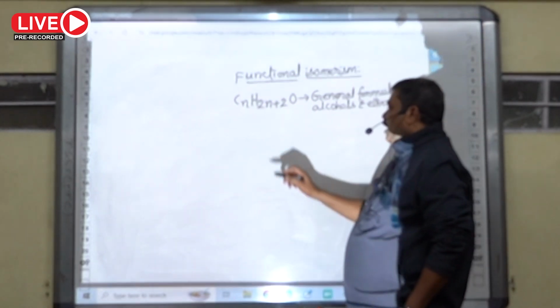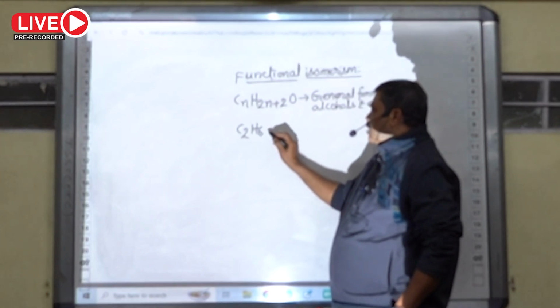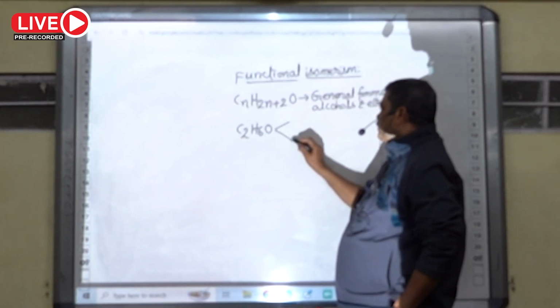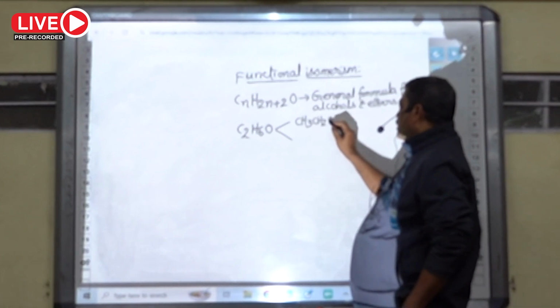That's why alcohols and ethers are functional isomers. Yesterday we have already given this example.